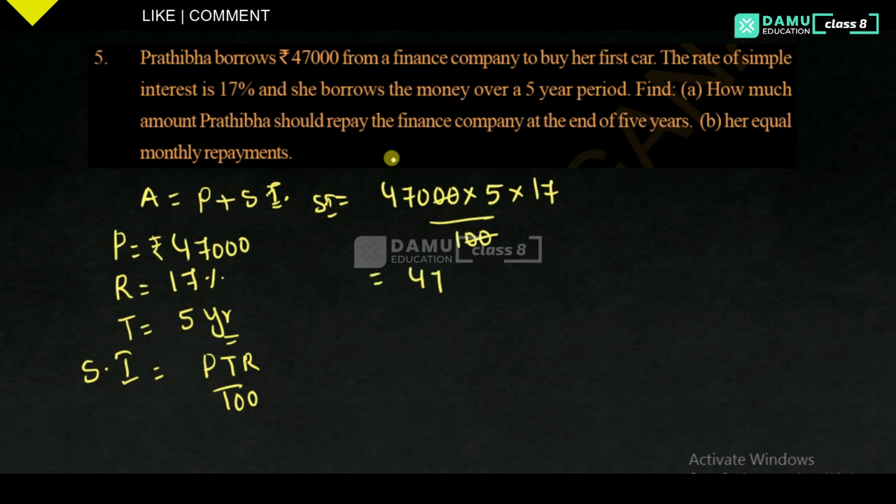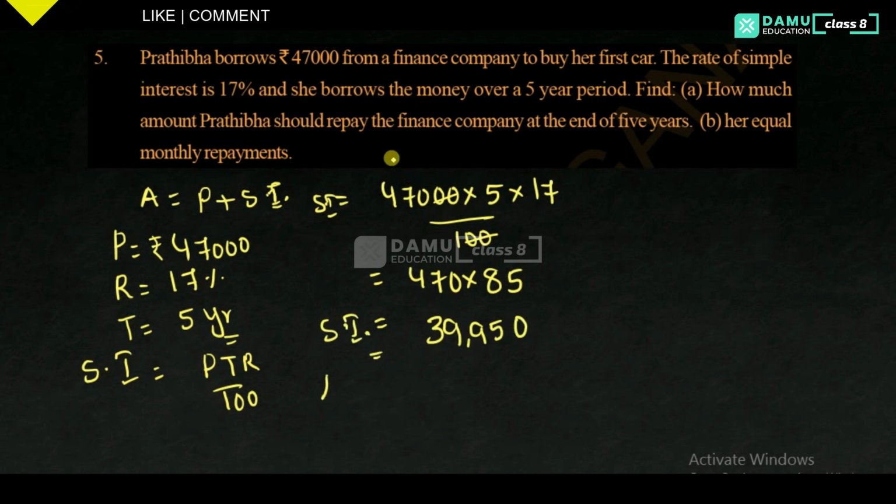Then 470 into 5 into 17. 5 into 17 is 85. So 85 into 470 will be equal to 39,950. That is the simple interest.